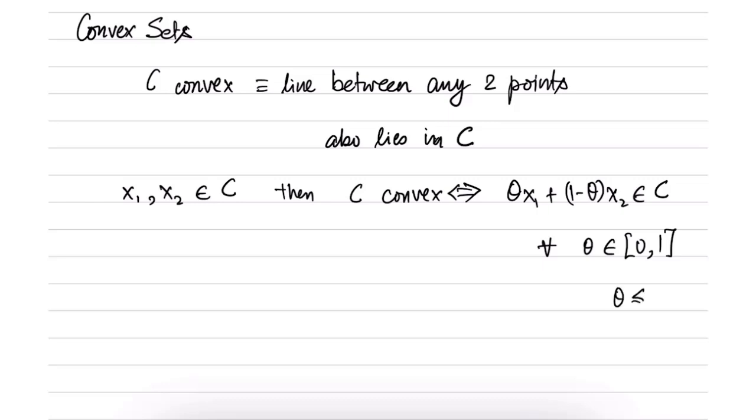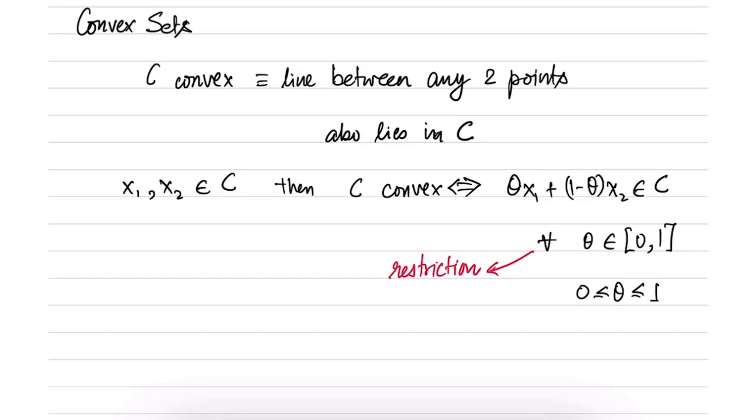So this is another notation for saying that theta is between 0 and 1. So here we have a restriction on theta. Whenever you have a restriction on the parameter that is describing a set, the class of sets becomes more general.